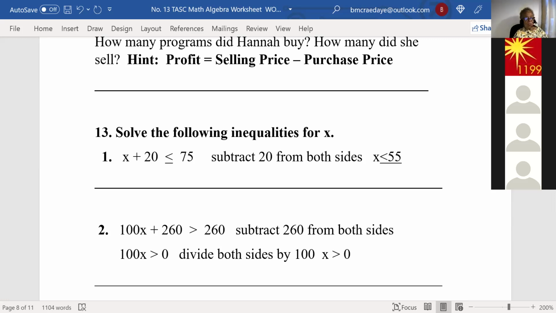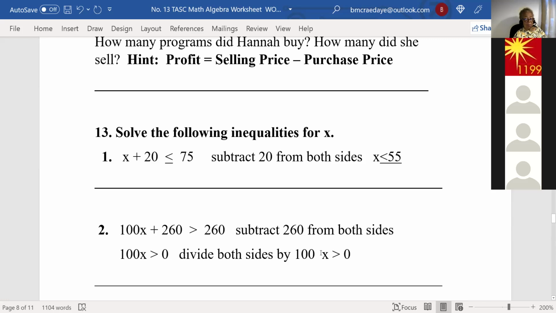Yeah. So once you subtract the 260, on the right side you get 0. Subtract 260 from both sides. So here you get 260 minus 260 is 0, and 260 minus 260 is 0, right? So 100X greater than 0, divide both sides by 100. 0 over 100 is 0.